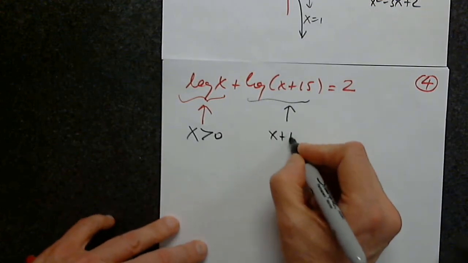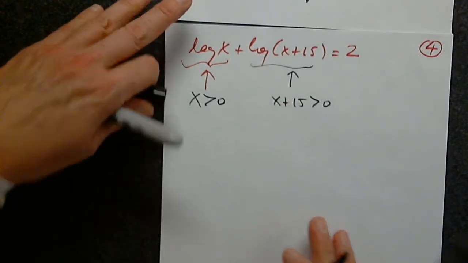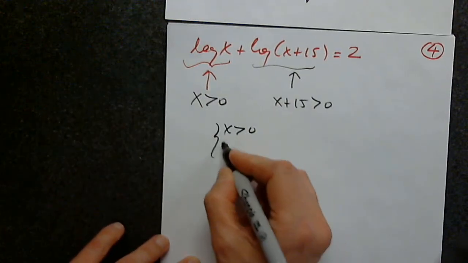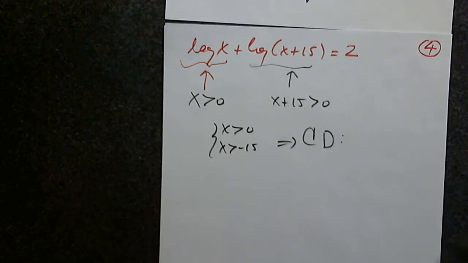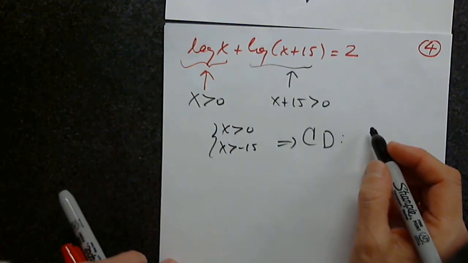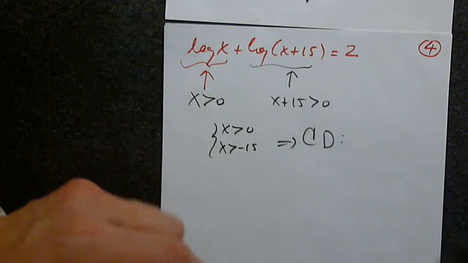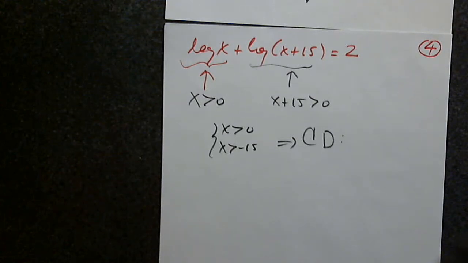Very good, indeed. So now the common domain will be given by both conditions. And please give me the common domain. Very good. Well done. So you can graph it, right?